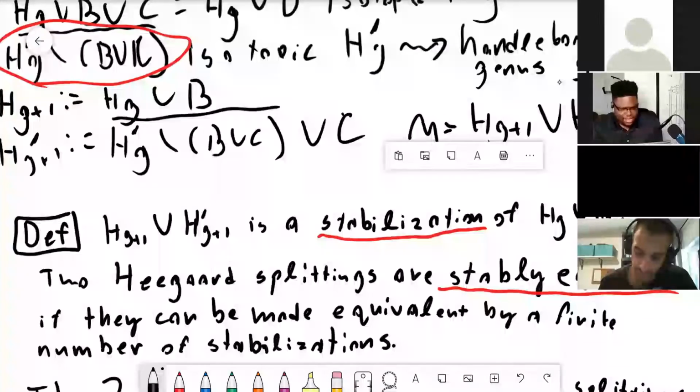And we say that two Heegaard splittings are stably equivalent if they can be made equivalent by a finite number of stabilizations.